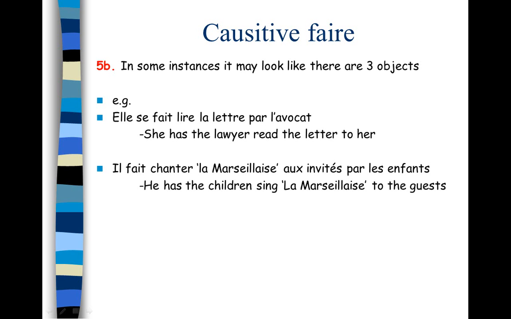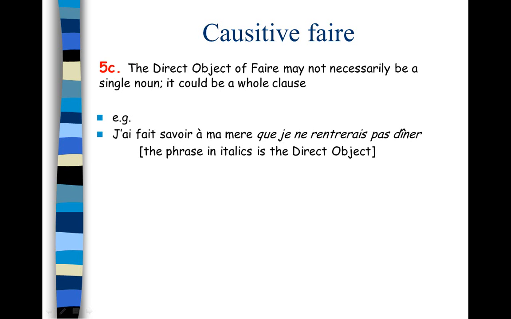She has the letter read to her by the lawyer. So we've got se faire here, but we've got our direct object here, and then we've got the person doing it here. Il fait chanter la Marseillaise aux invités par les enfants. So he has the children sing the Marseillaise to the guests. And so this is clear here that this is to the guests and by the children.